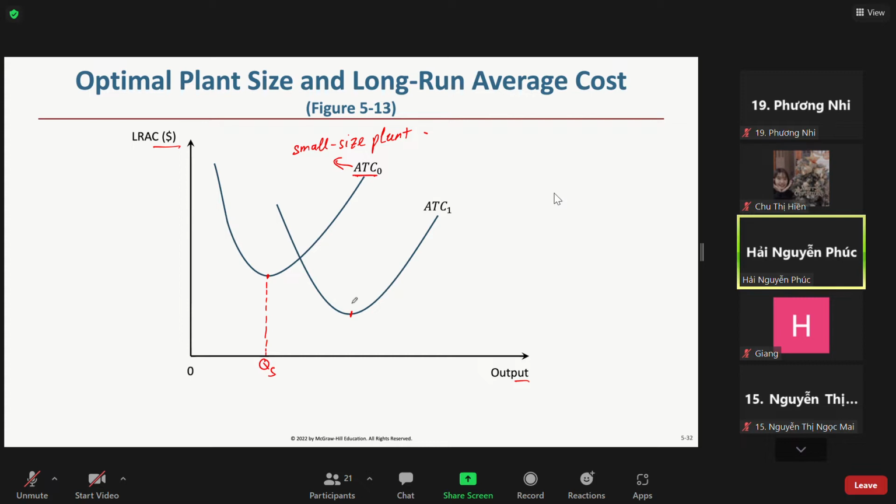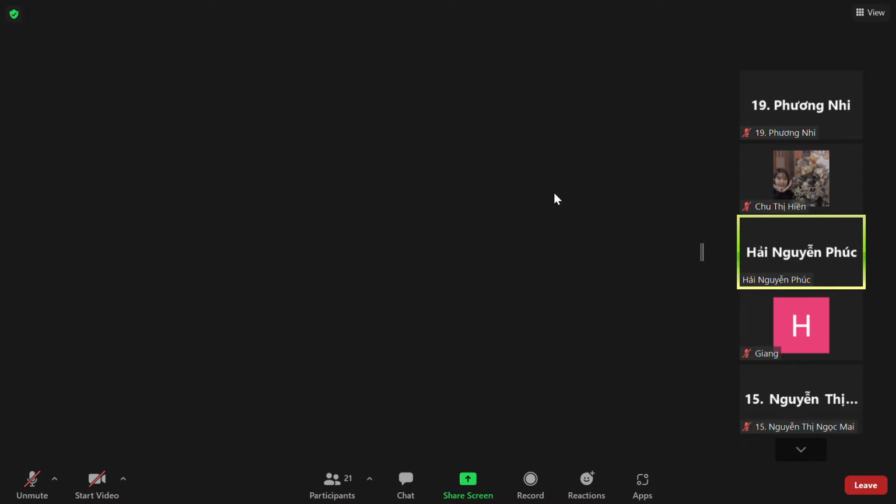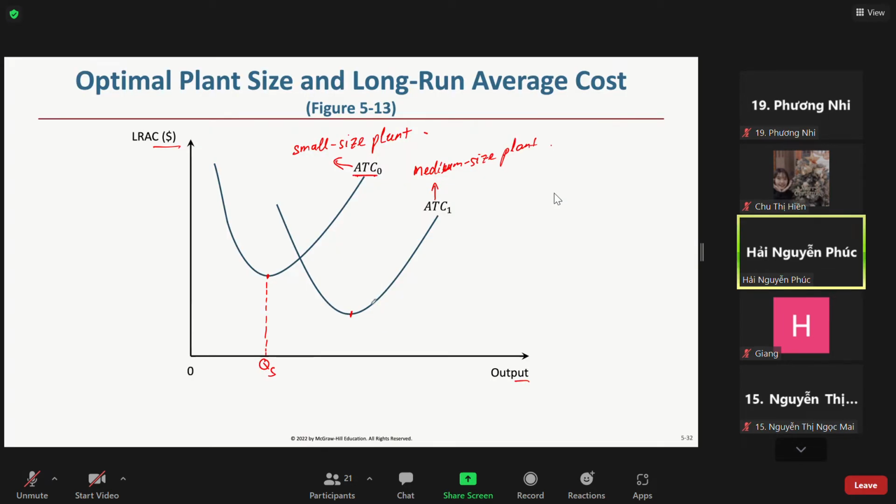Right, so here I'm back. We are talking about the ATC1, and I say that it is the cost curve for the medium size plant. You can see that the optimal quantity of output would be QM, where we can produce at lower ATC.